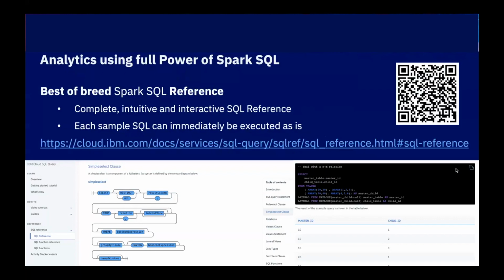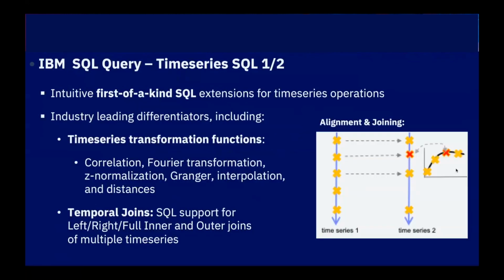But as I mentioned, in terms of capability, we definitely go beyond what the Spark SQL community can do. One of the really cool things that we've added is this time series library. This is really something that treats time-stamped data as a first-class citizen. Basically, it's a column type.